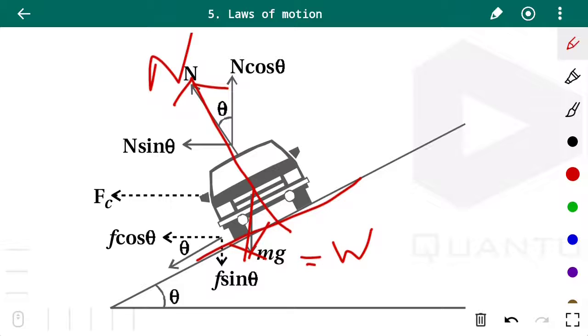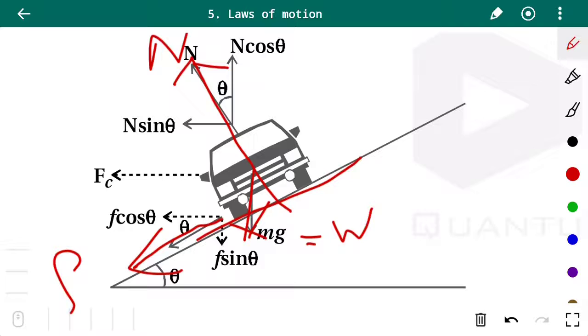And the frictional force is provided by the tires on the surface of the road, in this direction will be the frictional force small f. And this frictional force provides the centripetal force, and the centripetal force will be towards the center of the circular path, which is Fc.